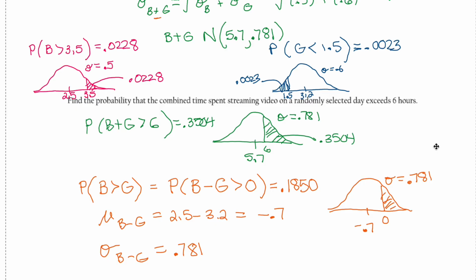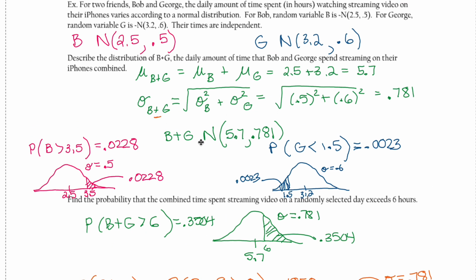Find the probability that the combined time spent streaming video on a randomly selected day exceeds 6 hours. Well, that's a little trickier because we know the combined normal distribution for mean and standard deviation, but how are we going to find the value that is greater than 6? Basically we're asking to find the probability of B plus G greater than 6.